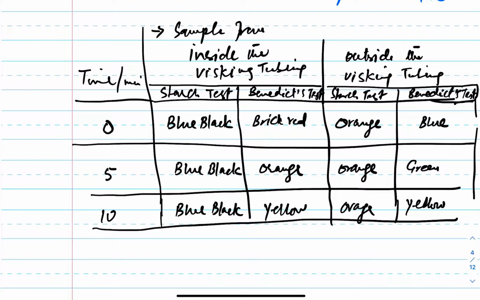The starch shows the blue-black color inside, and it shows the orange color outside. So it means that the starch has not moved out of it. Whereas the color inside the whisking tubing with the Benedict test shows that the glucose concentration inside is decreasing. From brick red it turns orange, and then it turns yellow. And here the concentration is increasing.